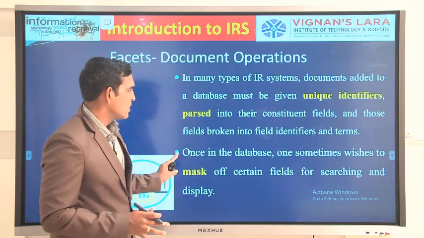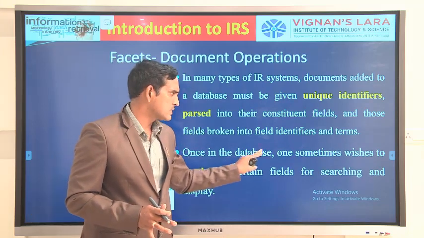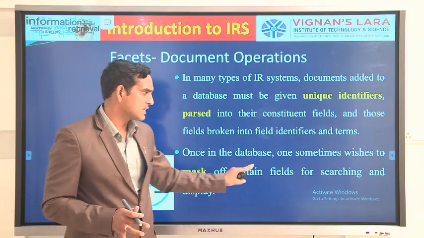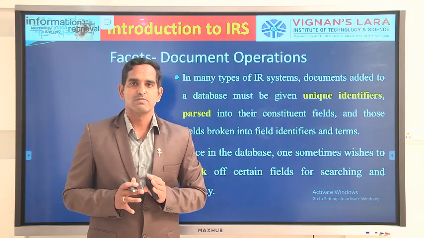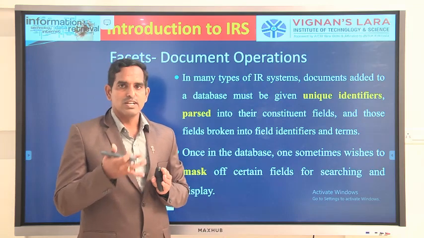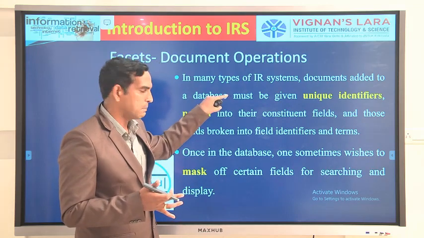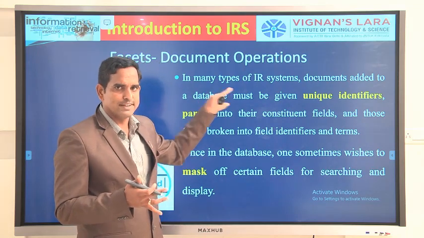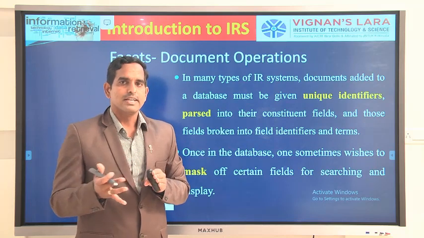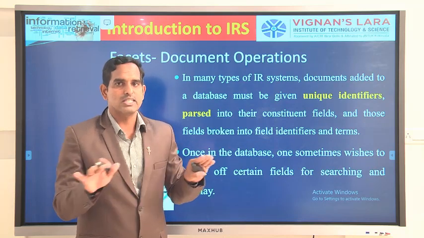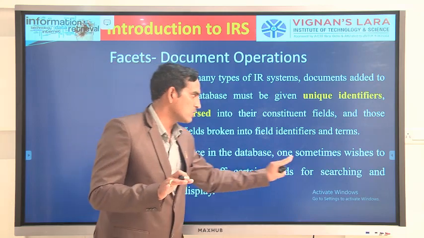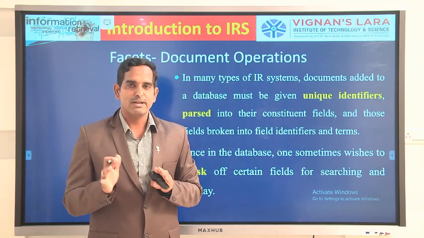The next thing is, once in the database, sometimes you wish to mask certain fields for searching and display. While searching, in the parsing part you have given fields and field identifiers. In some cases, you want to mask these fields, if you don't want some terms to be identified by everyone.